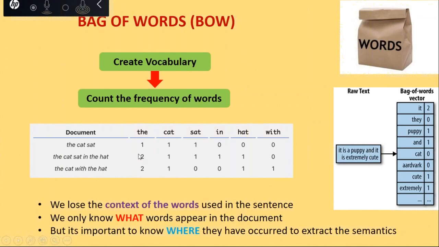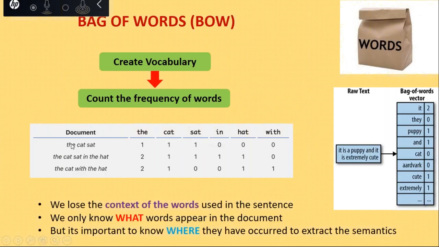When you consider all these three sentences and find the unique words in them, these are the unique words. After creating the unique words, you calculate the frequency of each of these words. Suppose the sentence is The cat sat.